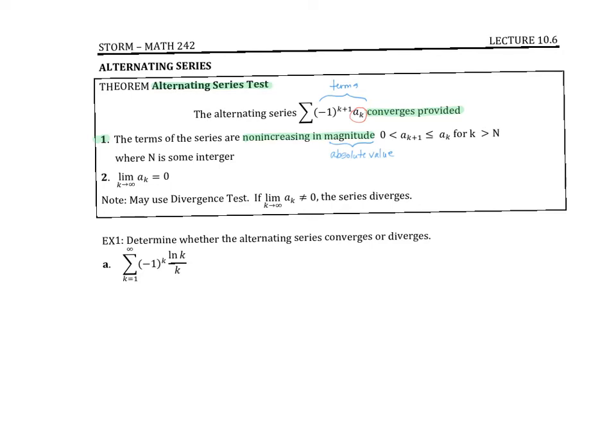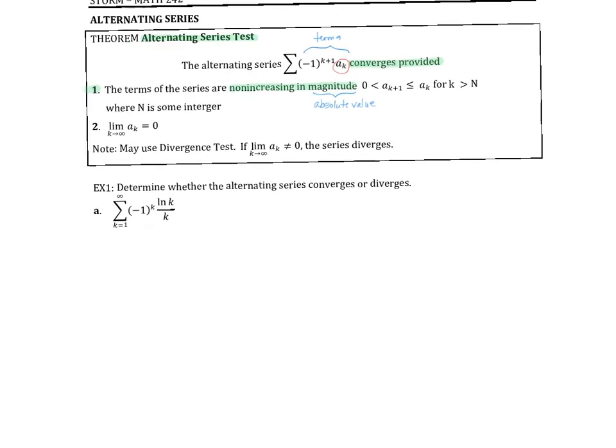So if you ignore the -1 that alternates between negative and positive 1, and you look at the terms, as long as those terms are positive, so greater than 0, and as you go up in your k values, the terms are non-increasing, so they do not increase for some value n, then you've met the first condition.